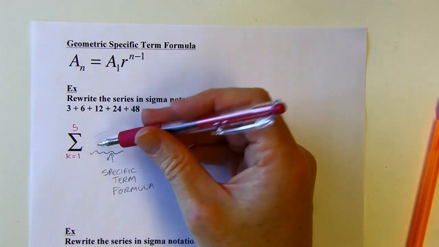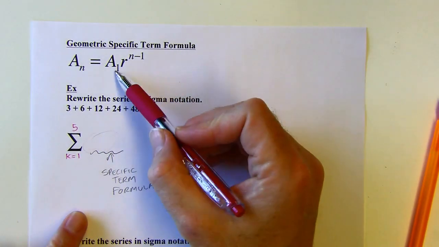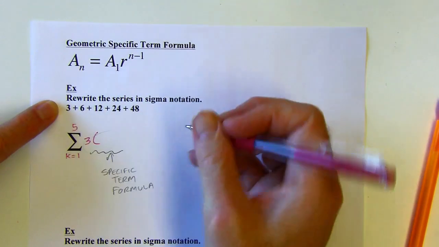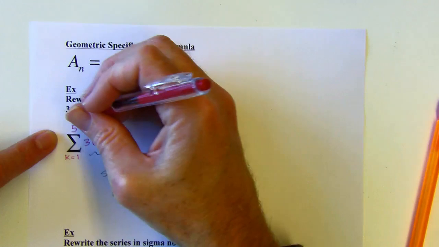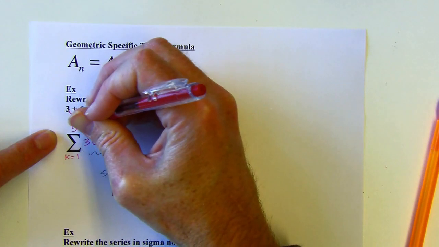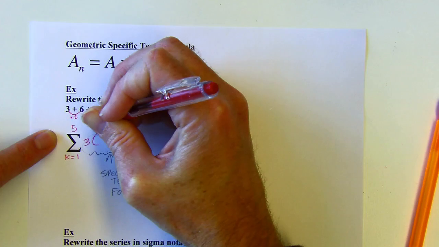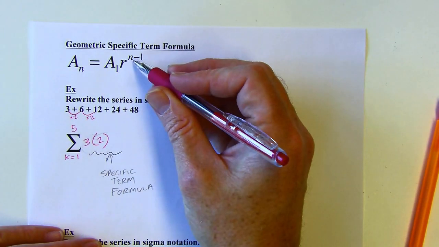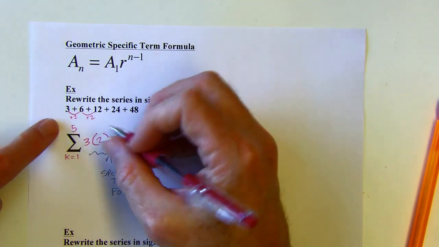And now what I'm going to do here, my first term is 3. All right, the ratio, well, I have to look at this a little bit, but hey, these are doubling from term to term. So my ratio is 2. Okay, and then I've got n minus 1. And n is the number of terms.